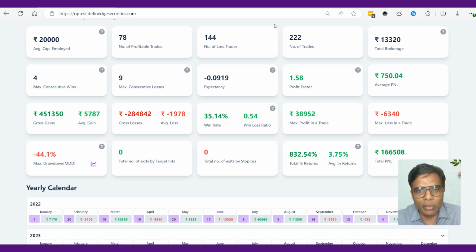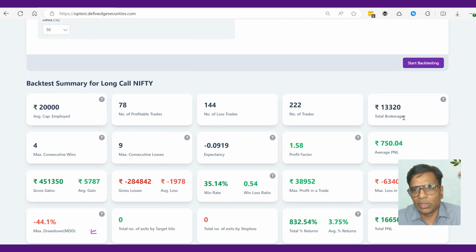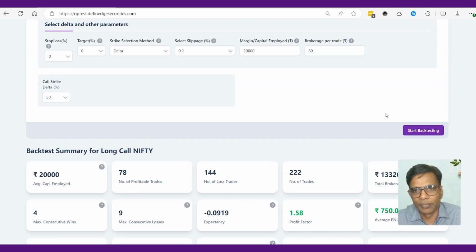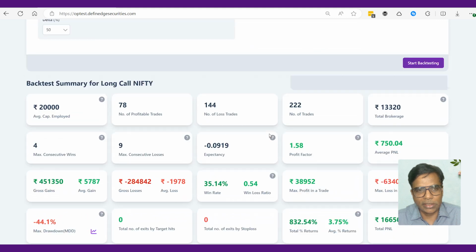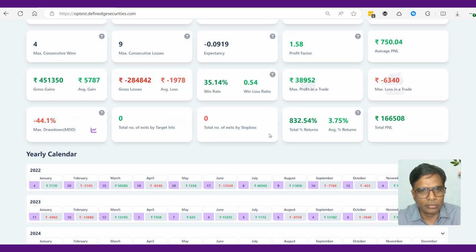Number of profitable trades, number of loss trades, and number of total trades. This is the brokerage that was required for the whole backtesting, considering 60 per for entry and exit. The gross gains were around 4.5 lakhs and gross losses around 2.84 lakhs.